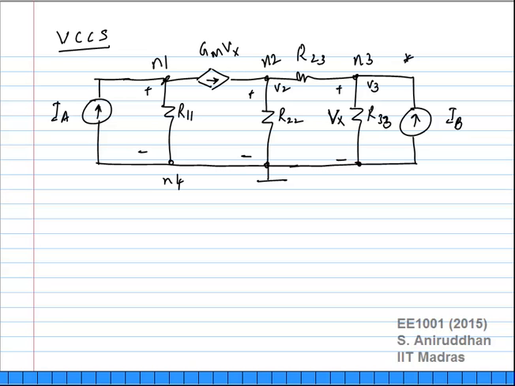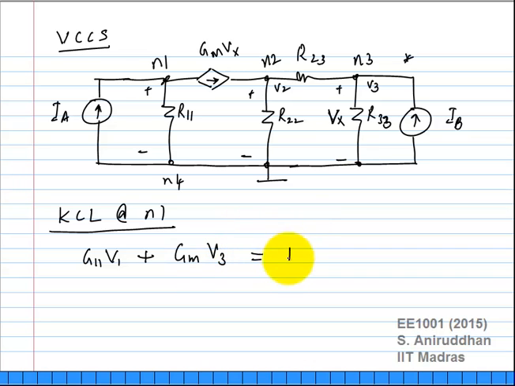What happens if you try to write KCL at node 1? Let's write it down. That will give us the equation G11 times V1 plus Gm times V3 equals IA, right? What will happen at node 2?